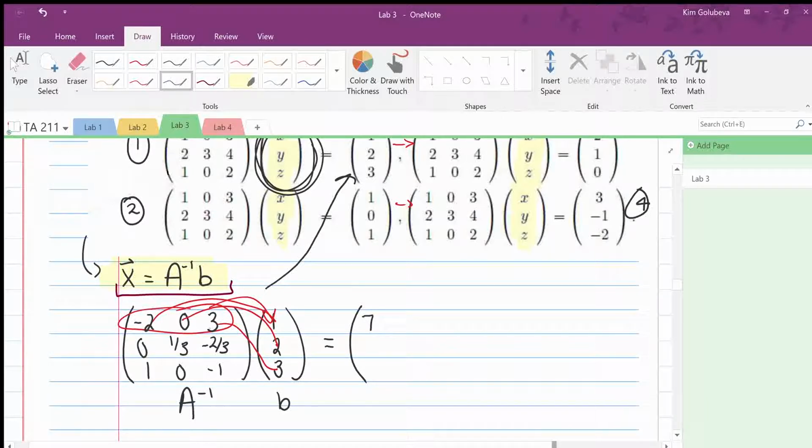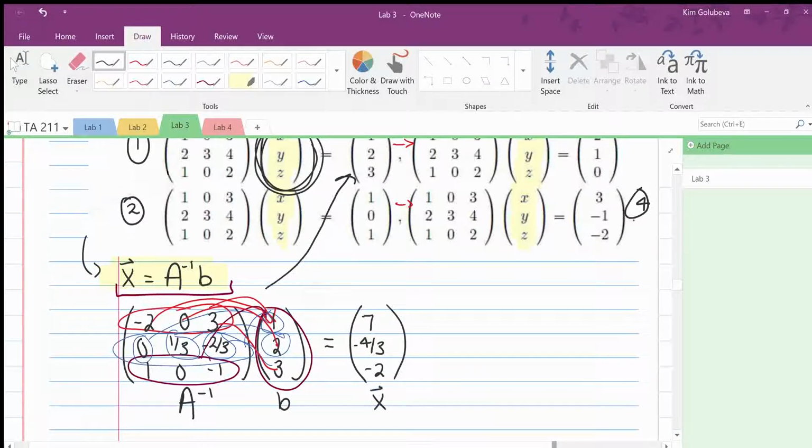We're multiplying this row by the column, so we have 0 times 1 plus 1 over 3 times 2 plus -2 over 3 times 3, and that gives us -4 over 3. Same thing for our last row, multiplying this row by this column, and that gives us -2. So this is our x value. This is what we wanted to find. So we found it. Perfect.